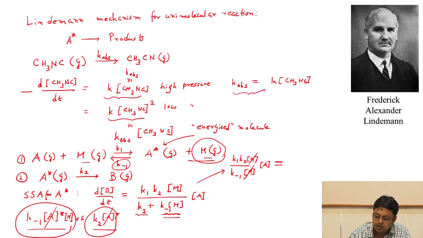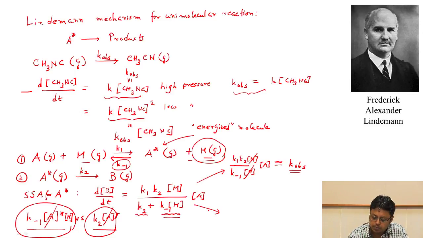So this is nothing but K observed. So at high pressure it is constant. It's not exactly a constant. It is, remember that the K observed, we are saying that it includes the A inside. And that's how Lindemann actually treated this thing.